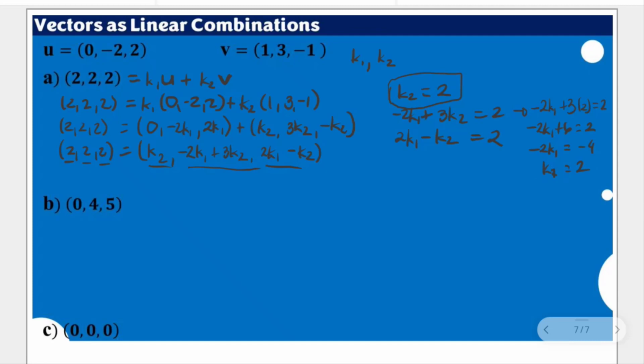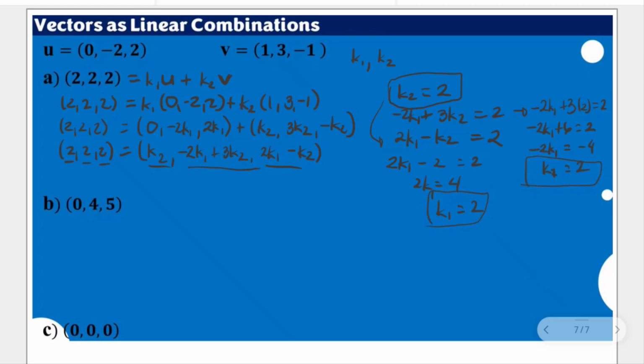Let's check if this will also satisfy the last equation here. So 2 K sub 1 minus 2 is equal to 2. So 2 K sub 1 is equal to 4. When you divide both sides by 2, you will get K sub 1 equal to 2 as well. So we have the same value here and here.